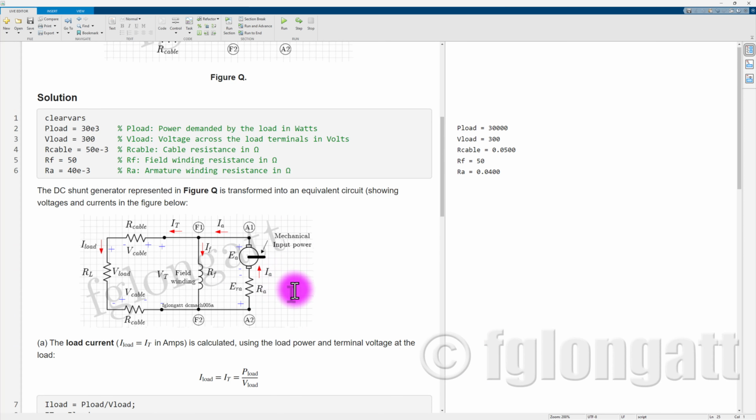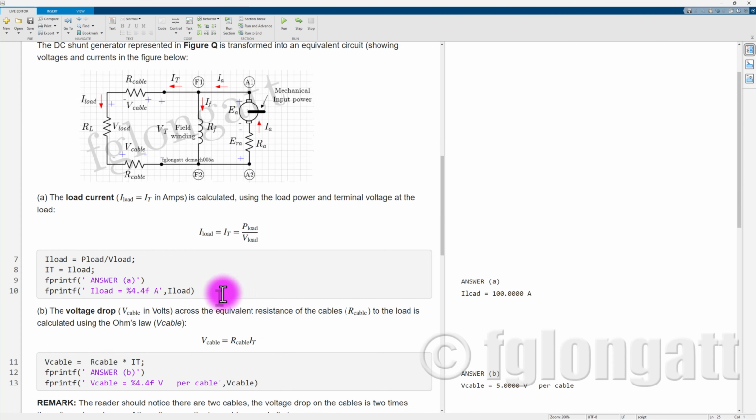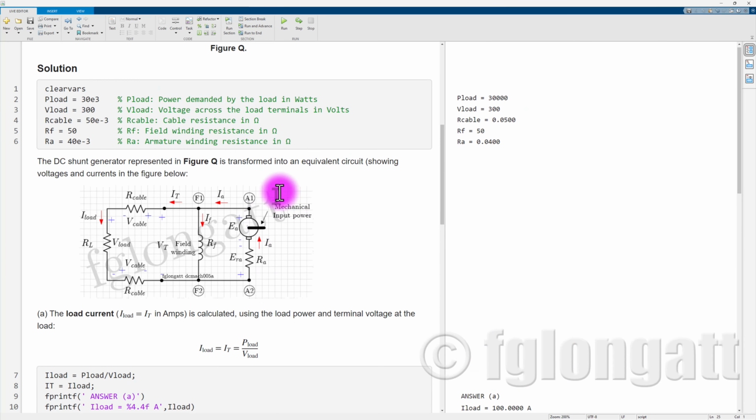And finally, to conclude this very exciting problem, we want to calculate here the input power. And everyone remember from the theory, everyone remember from my classes, that the input power, if we neglect the losses related to friction and any other losses in the conversion from mechanical to electrical, well, you must remember that in that case, if the efficiency is 100%, the mechanical input power should be equal to the power dissipated by the EMF.